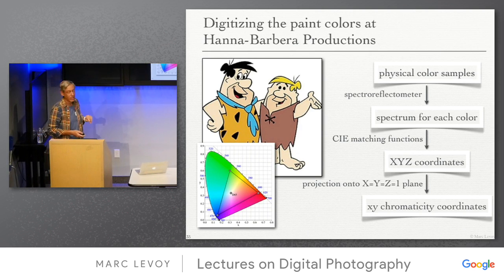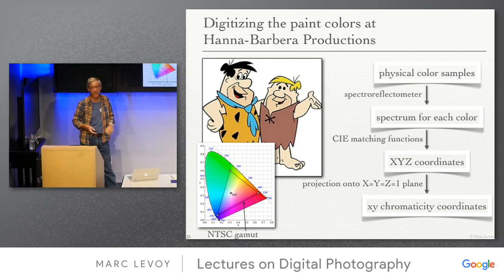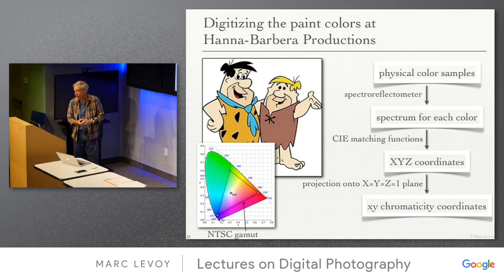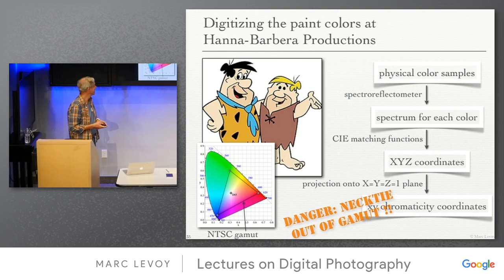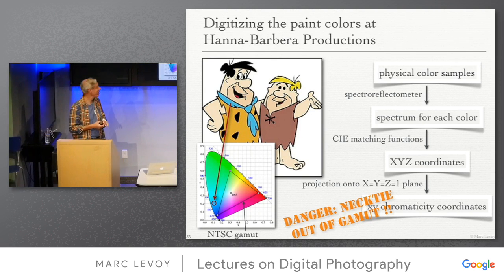And I could plot them on this XYZ diagram, and I could compare them, for example, to the National Television Standards gamut, which is the colors that it is possible or legal to transmit. And lo and behold, it turned out that Fred's necktie was out of gamut.